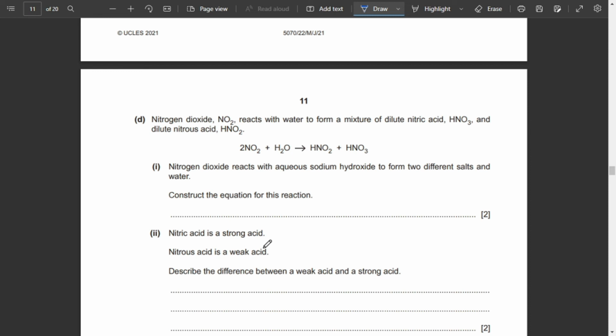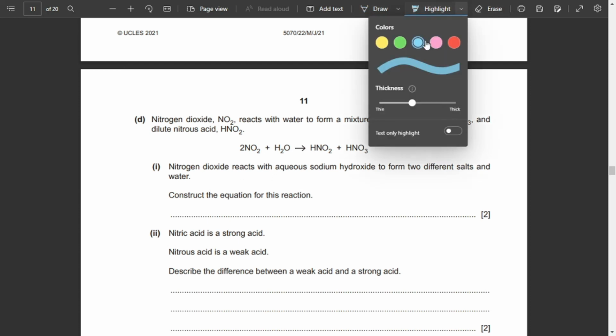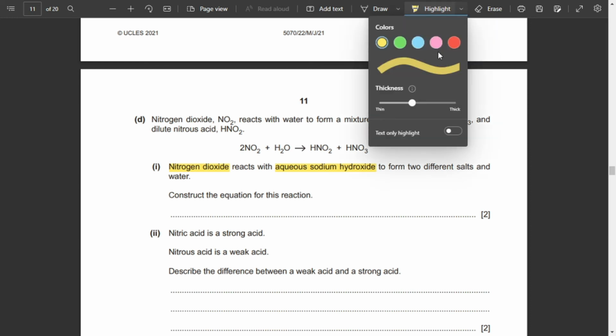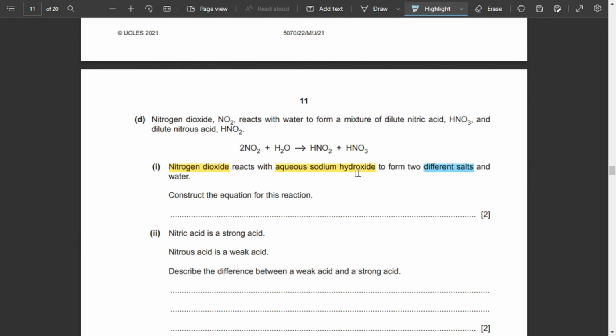The equation for this reaction will be in such a way. Let's first of all highlight. Our reactants are nitrogen dioxide, which reacts with aqueous sodium hydroxide, and it forms two different salts and water. The main thing over here that we need to do is identifying the two salts.